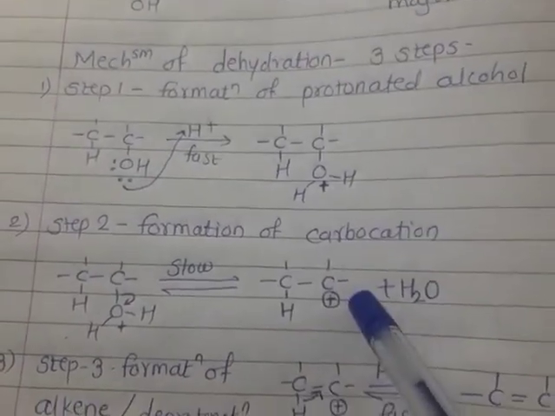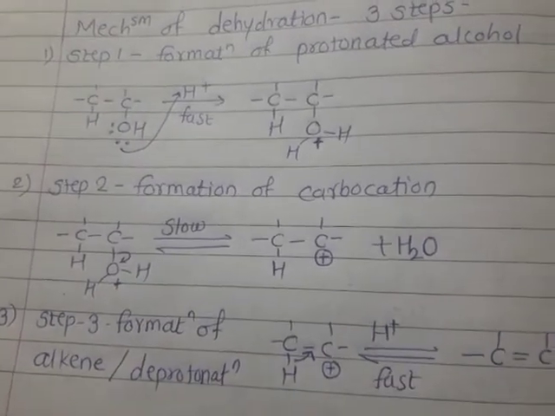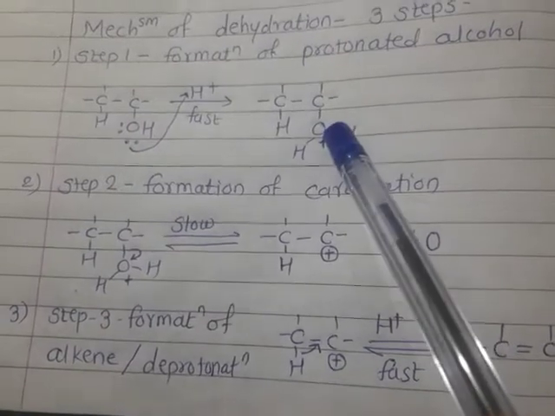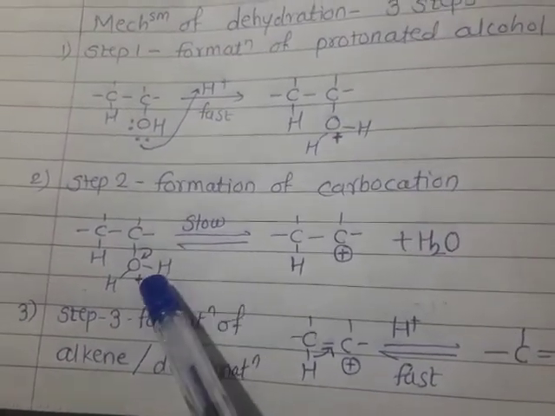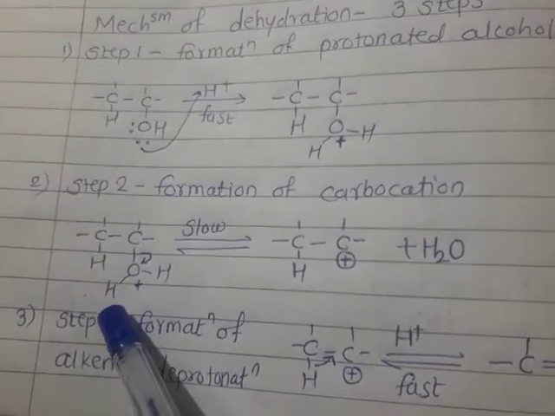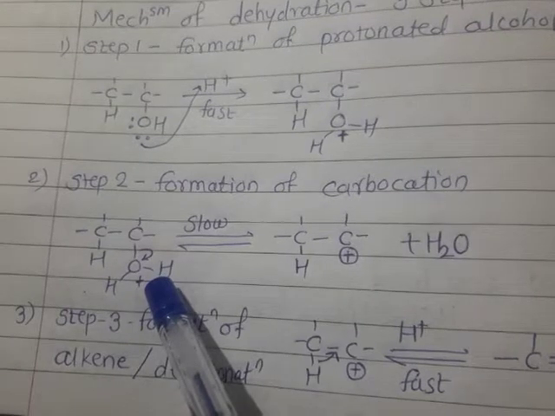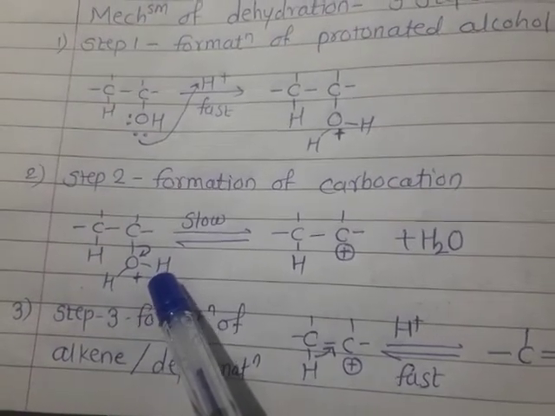Step 2. I told you that in the mechanism, the product of one reaction is the reactant of the next reaction. So again, this is the reactant in the second step. Now after giving electrons to hydrogen, oxygen gets positive charge, meaning oxygen becomes electron deficient. Now it is in need of electrons.